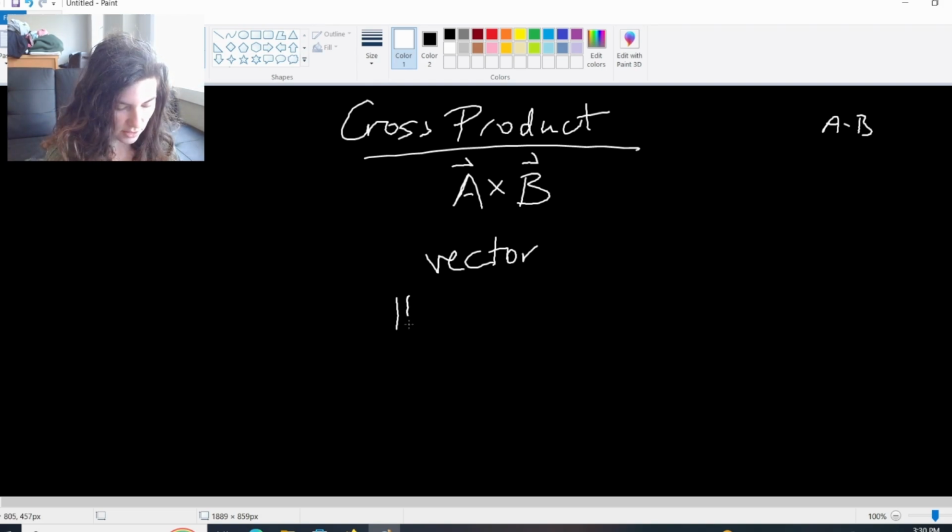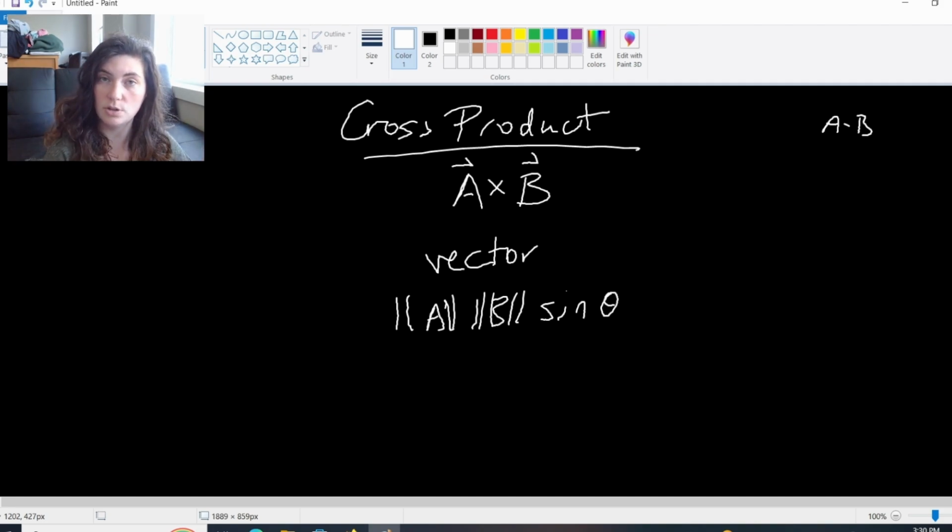We often see the equation written as the magnitude of A times the magnitude of B times sine theta, where the dot product used cosine theta, sine theta times the unit vector, right? Because the cross product is always a vector. And where this cross product comes from is from a matrix.